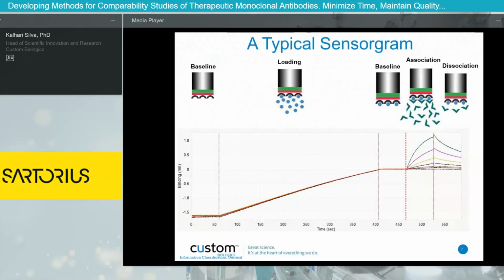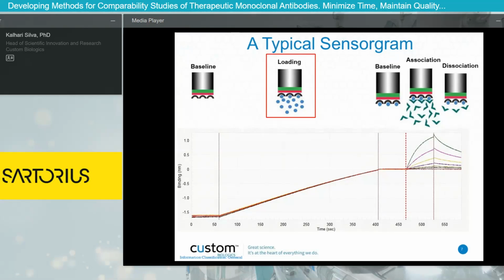Now let's look at what a typical sensorgram looks like. BLI measures the shift in reflected white light upon changes in the thickness of the biolayer. The measured shift depends not only on the size, but also on the affinity of the interactors. There's an initial baselining of the sensorgram, when the light signal is in a buffer of choice, which is then followed by loading, for example onto the surface of streptavidin with a biotinylated ligand.